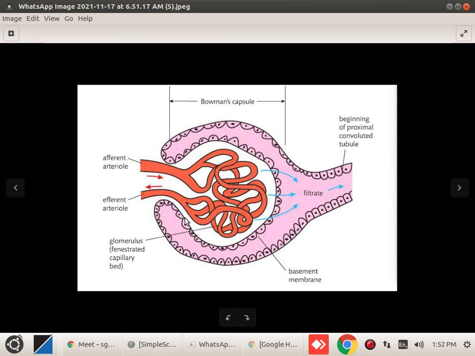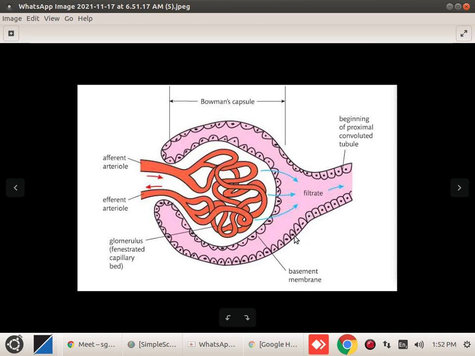Today, I'm not going to teach you all the 3 steps of the filtration process, just the structure of the nephron. If the structure of the nephron is clear in front of you all, then the next process, that is the urine formation process, is not at all a big issue for you all, 10th class. So next, just see the glomerulus. Then the Bowman's capsule, you can see the whole structure, and over there the epithelium is present.